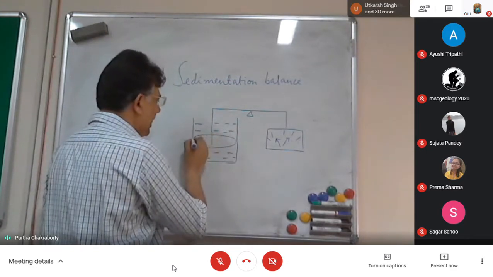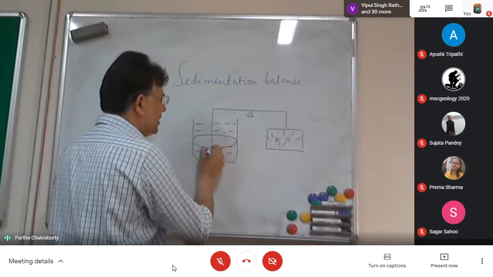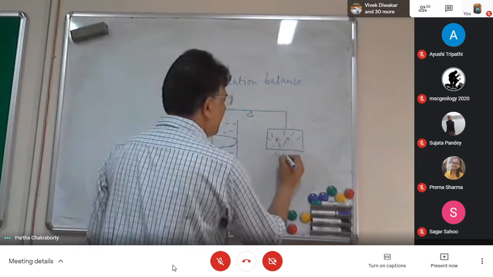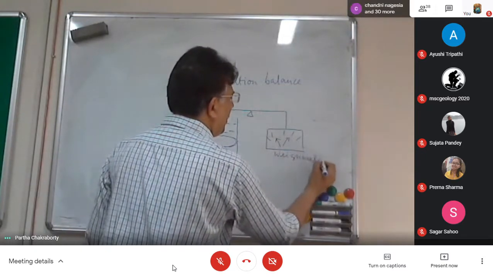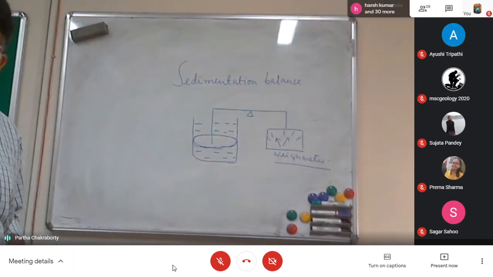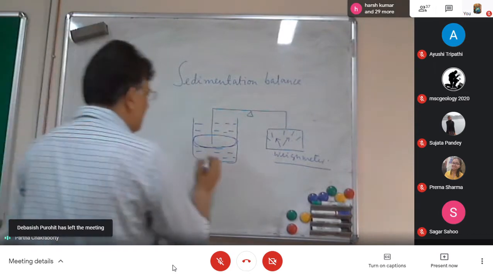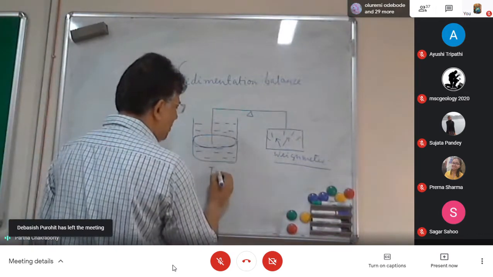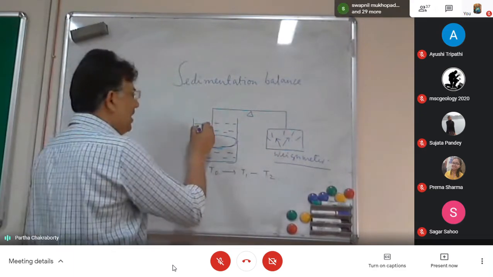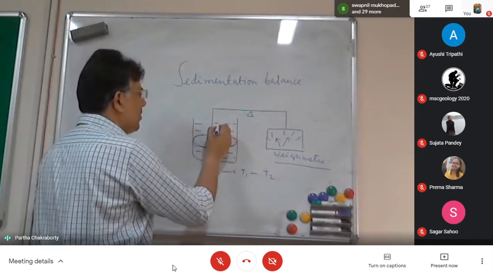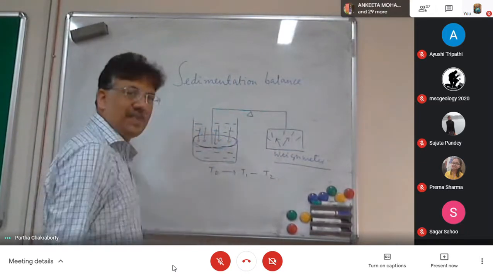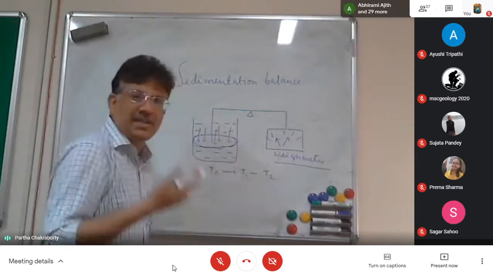You have put a kind of pan within this, and connected it with a weigh meter. Now, what will happen? If I made it at time t0, then with time t1, t2, the sediment in suspension will start settling on this pan, and the pan will gain weight.